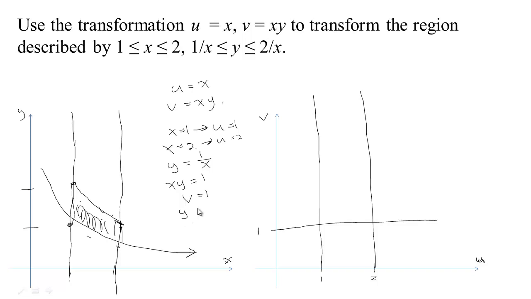And when y is equal to 2 over x, x times y will be equal to 2, but of course x times y is v, so we'll get v equal to 2. Well, this transformation turned this region, which was maybe a little bit messy, into a nice square region, like that. So a lot of times we can use transformations to take a messy region and make it nicer for us.